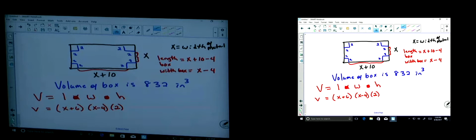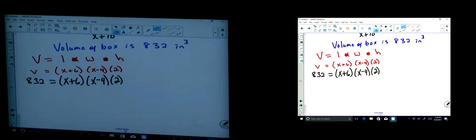And then all you have to do after that point, see, the hard part is setting it up, you're going to multiply that out. It's going to be a quadratic. You're going to set it equal to 0 and solve for x.